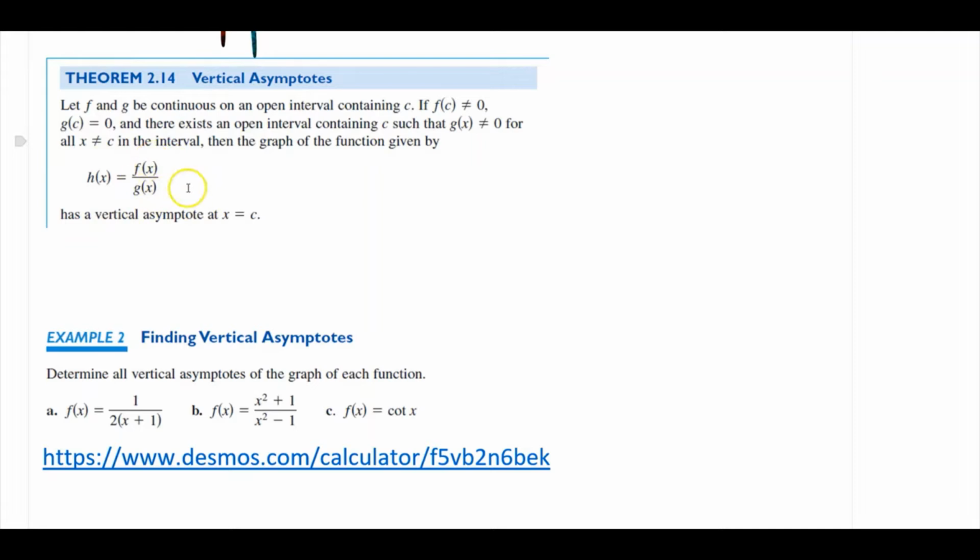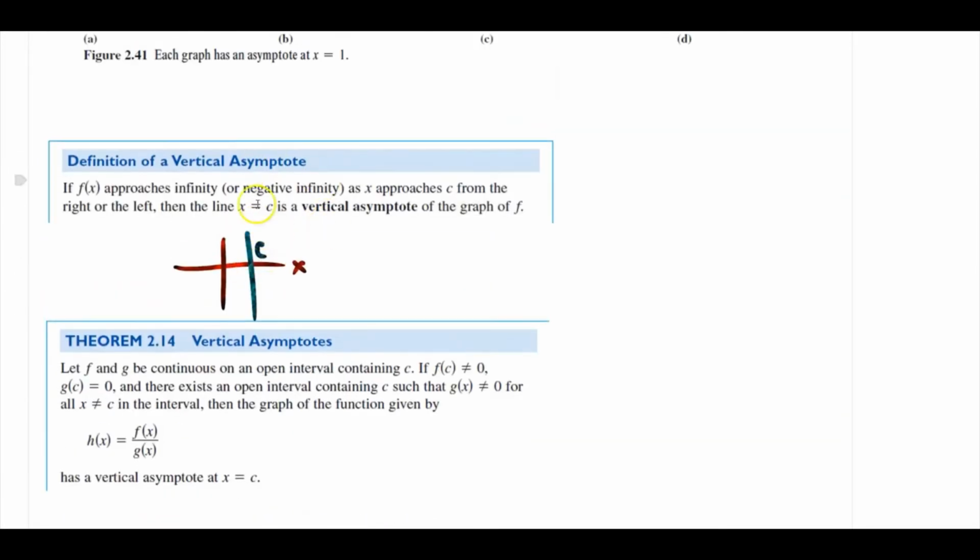Then we have a vertical asymptote when our denominator function is 0, but you have continuity everywhere else. And that's going to be our vertical asymptote at x equals c. And that is very, very close to what our definition of vertical asymptote is, because when we're looking at the limit of this, we're going to get out an infinite value.